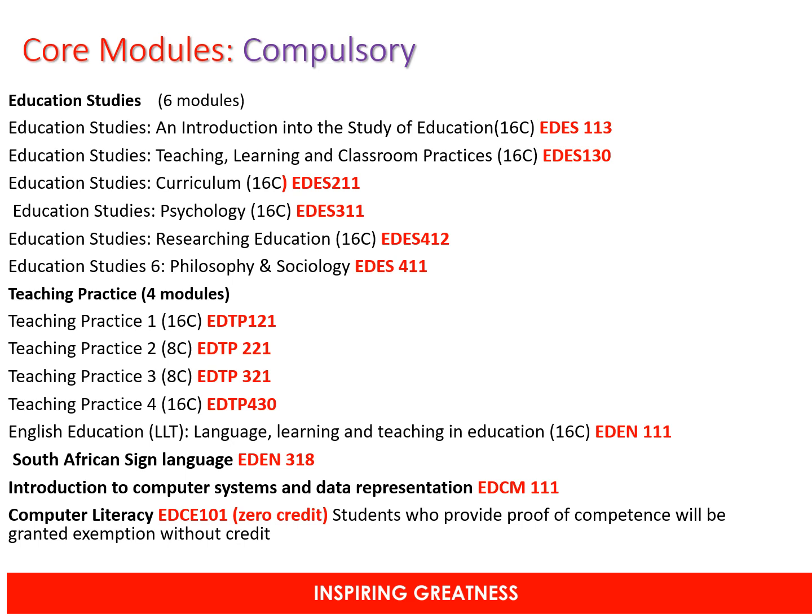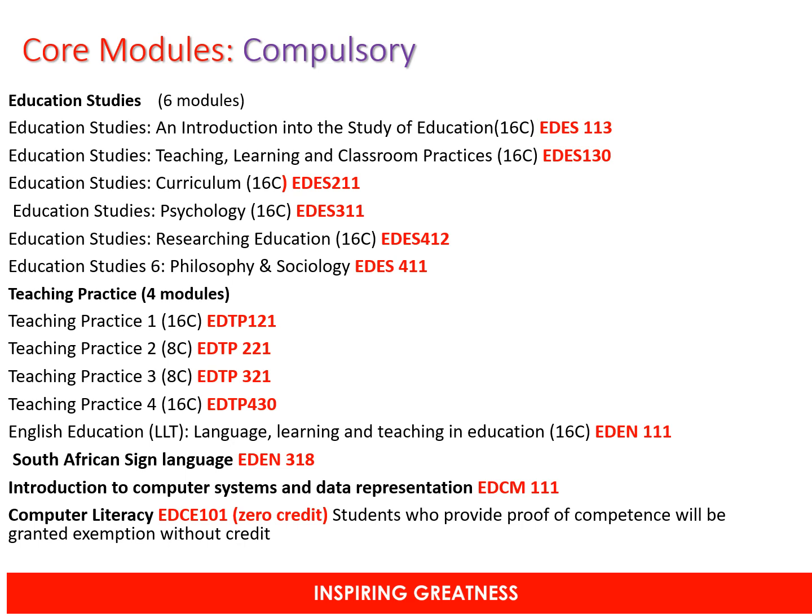Then we have English education, language learning and teaching in education, which is a compulsory module. To meet the language requirements, the foundation phase students also do South African Sign Language at the level of conversational competence.